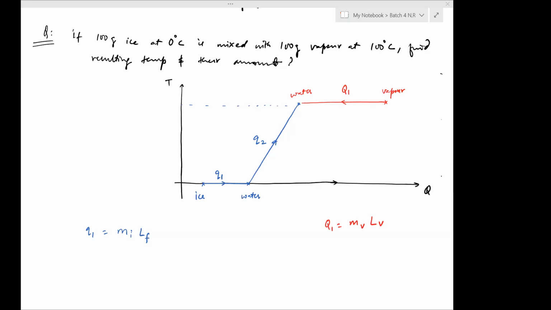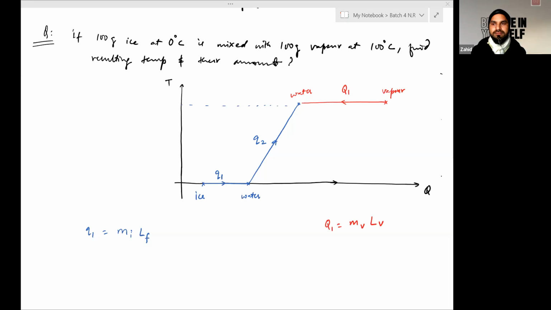So it will be 8,054,000, right? Since we have mass of ice, 100 gram, latent heat of fusion constant is 80.